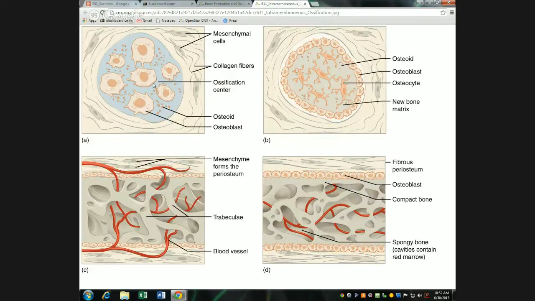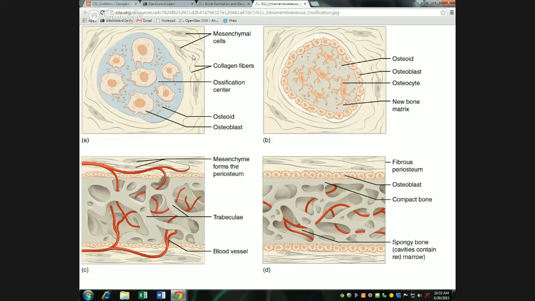Before this ossification center ever existed, all that we would see in this area is mesenchyme. And for this picture, what we see outside of the blue area is still mesenchyme. So a cell in this area, a mesenchymal cell, differentiated, started to become an osteoblast, or technically an osteogenic cell.